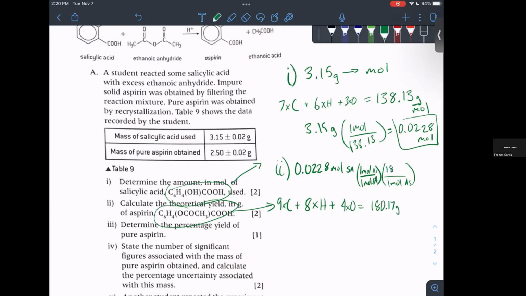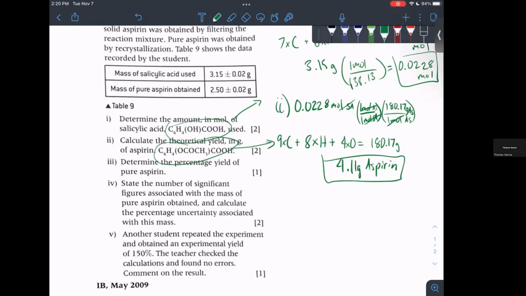So we'll do 180.17 grams aspirin per mole of aspirin, mole of aspirin, mole of salicylic, mole of salicylic. And we get an answer of 4.11 grams of aspirin. You'll notice that's actually way less than the amount of aspirin they obtained. That's okay, we'll address that in number 3.